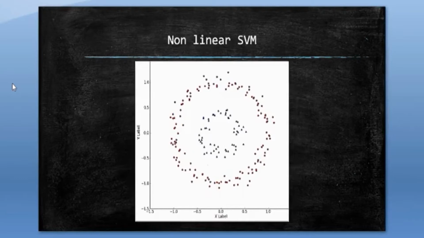Okay. Nonlinear SVM. If you think about how we can separate these two classes with straight lines, it is actually impossible to do that with a simple line. So here linear SVM fails to solve this problem. So what shall we do?